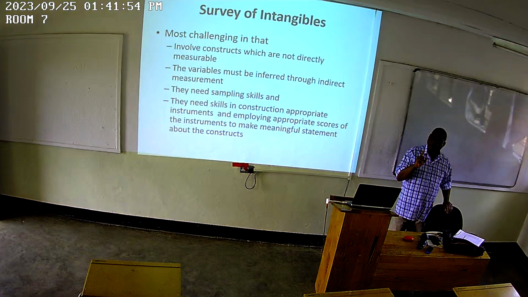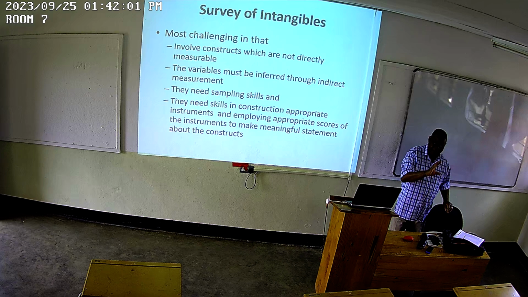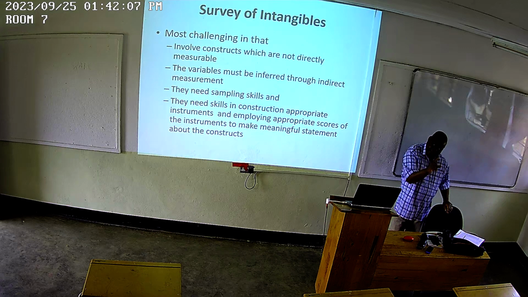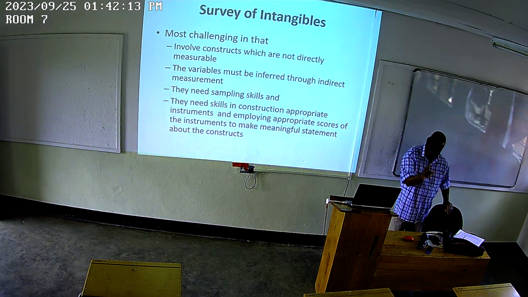one way of dealing with it is when you have constructed your questionnaire, take it to people who are supposed to be experts in the area of your interest and ask them, is this questionnaire asking what I'm supposed to ask?